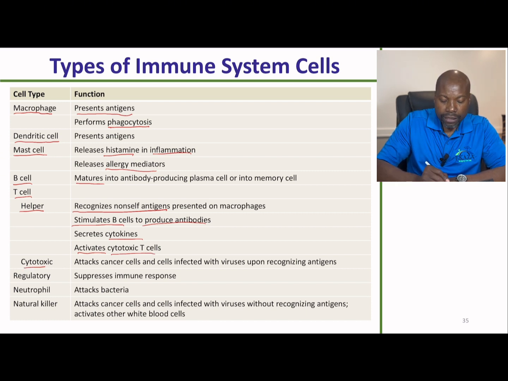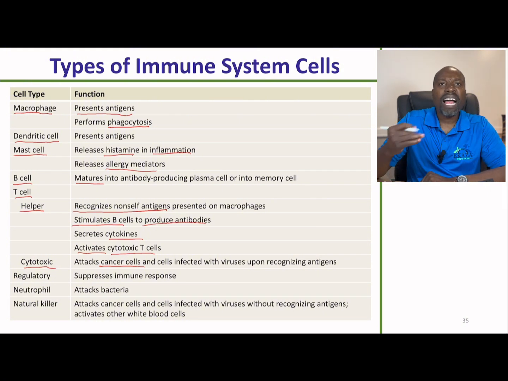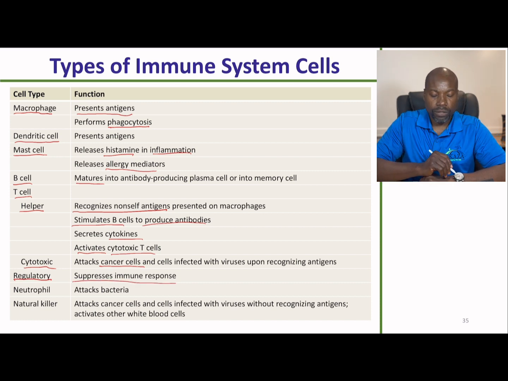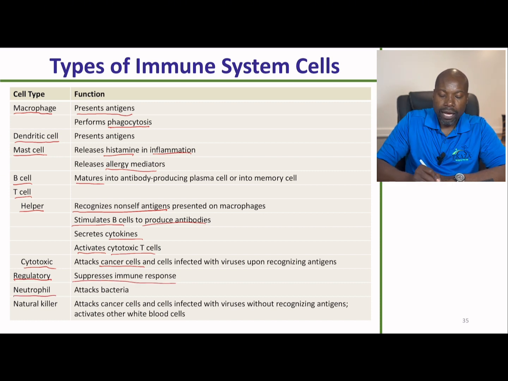The cytotoxic T cells are going to attack cancer cells and cells that are infected, carrying viruses and bacteria. The regulatory cells are going to suppress immune response, while the neutrophils are going to attack bacteria, engulfing them. The natural killers are going to attack cancer cells and infected cells so that they can be destroyed.